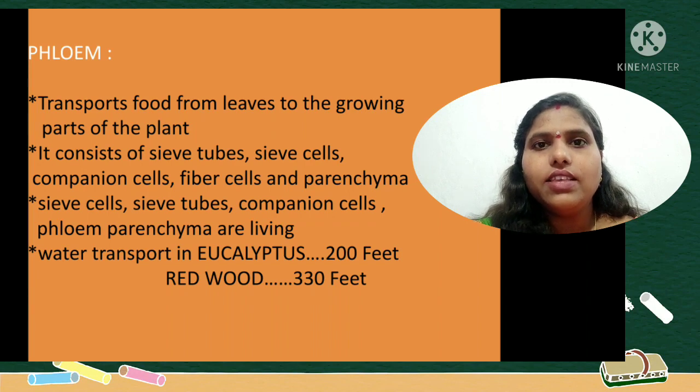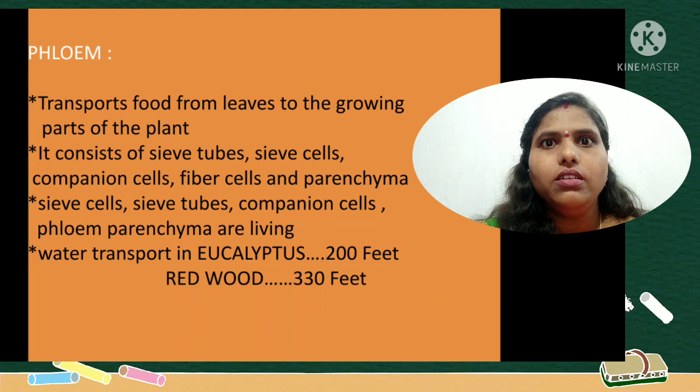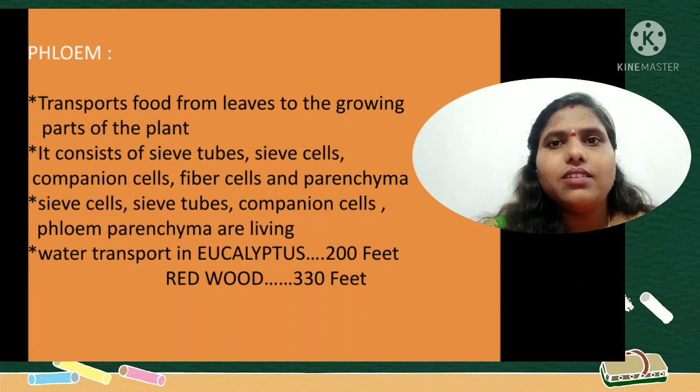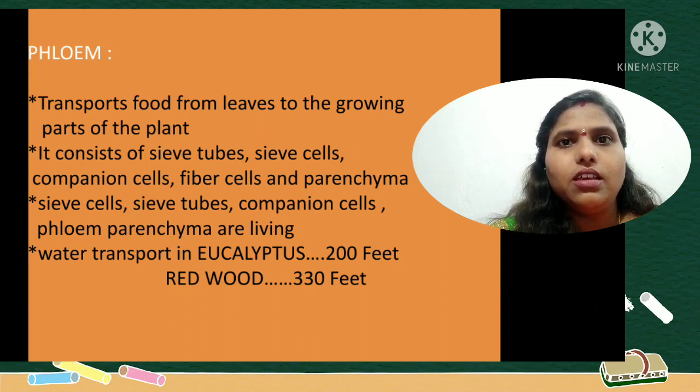Here, sieve cells, sieve tubes, companion cells, and phloem parenchyma are living. Next, an interesting fact about xylem: this tissue conducts water transport in eucalyptus up to 200 feet, and in redwood up to 330 feet. Here all the concepts are covered.